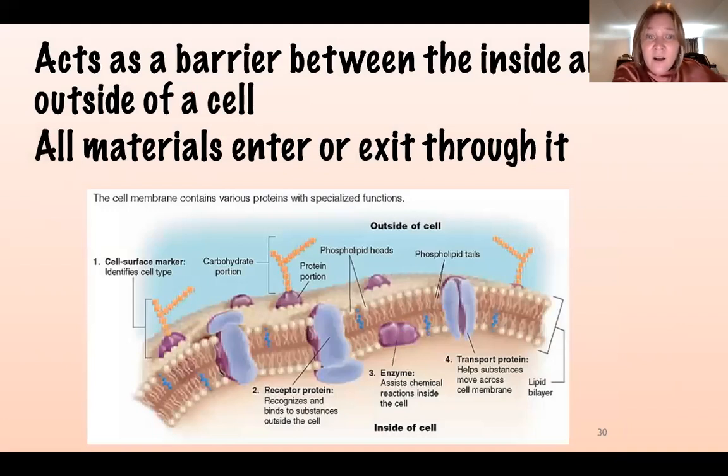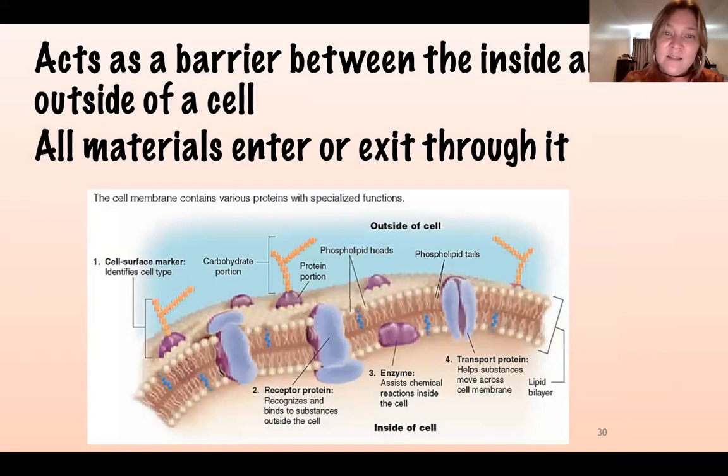Now, the function of the cell membrane is to act as a barrier between the inside and the outside of the cell. It also controls what materials can enter or exit through it.